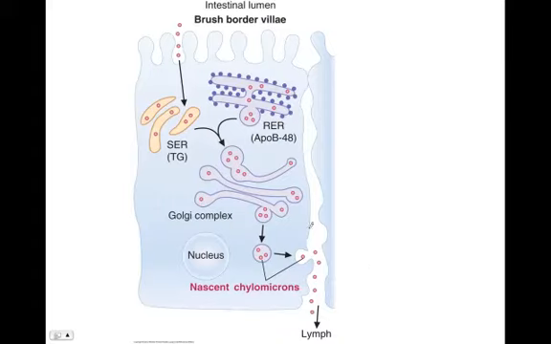So if we look at the packaging of a chylomicron, if we start back at our brush border with our dietary lipids dissolved into micelles, where they diffuse into the cell and are repackaged into triglycerides in the smooth endoplasmic reticulum.